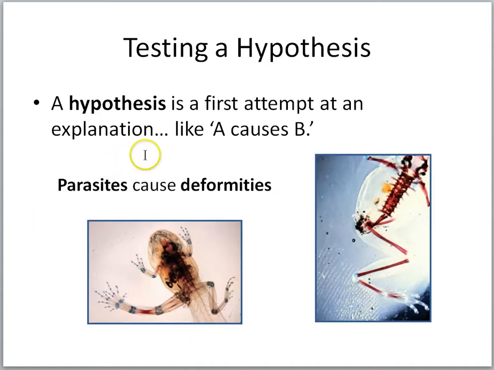Another hypothesis presented itself when scientists began to examine closely the deformed frogs. What they found, you can see in these pictures here, was right at the place where there was some kind of deformity, like a missing leg here, they found parasites, living organisms that were living at the site of the deformity. They're also present here, harder to see.